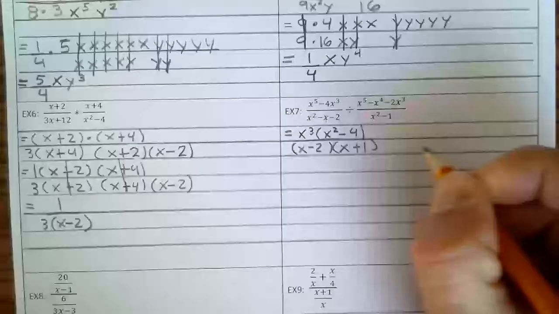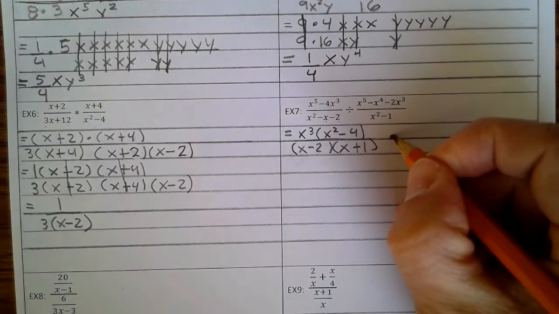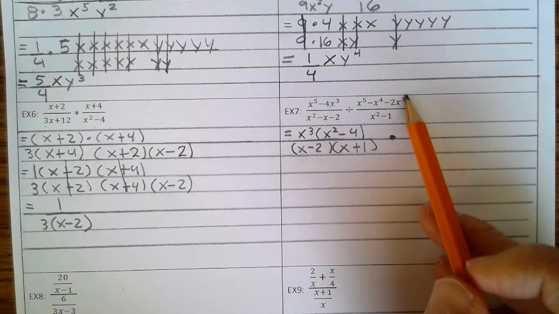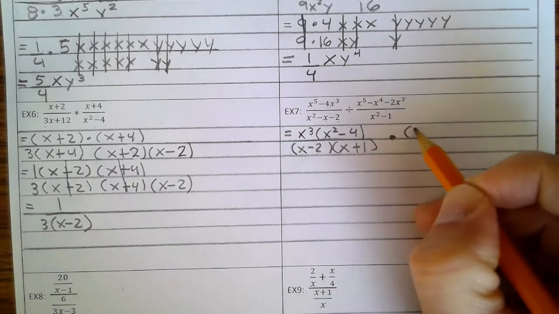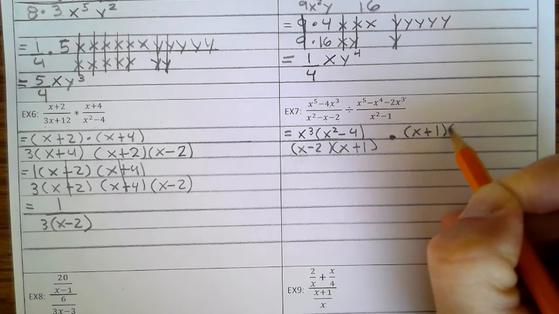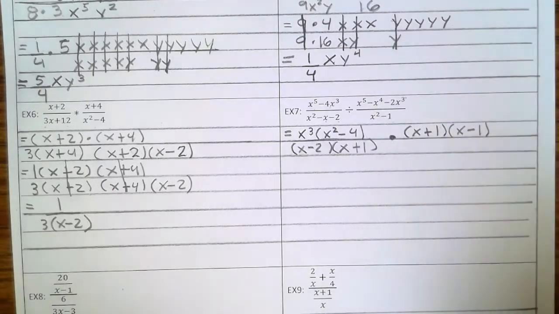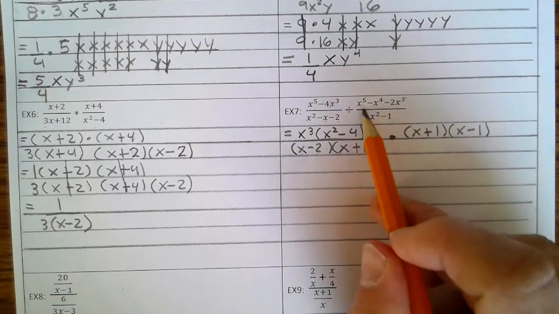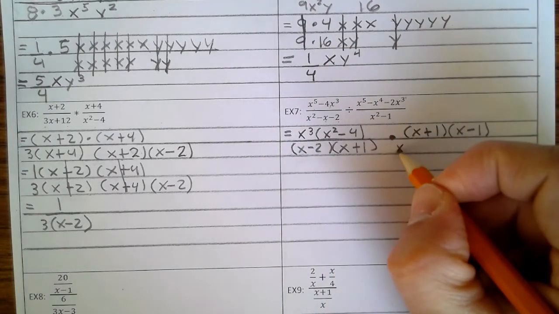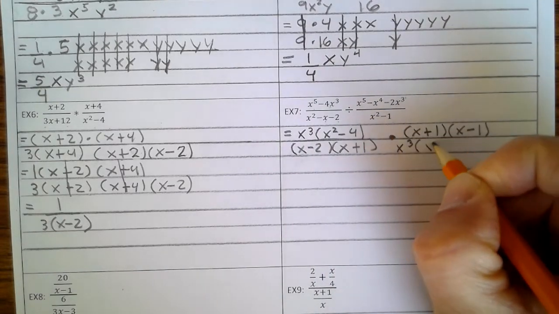So x squared minus 1 goes on top, but that factors to be x plus 1, x minus 1. And then we can factor out an x cubed from each of these terms, which leaves x cubed times x squared minus 1x minus 2.